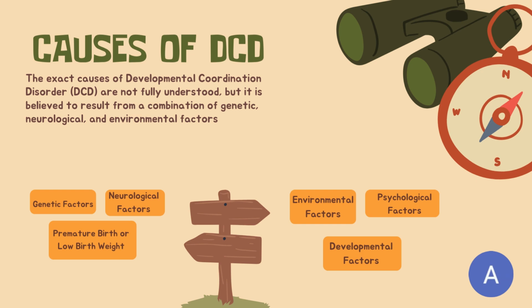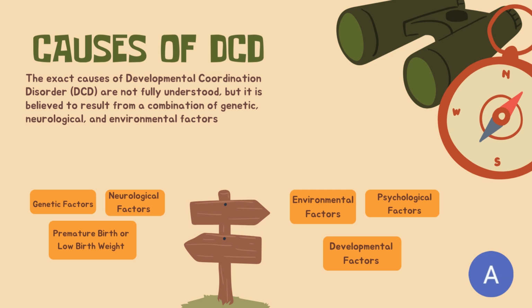Second, neurological factors. DCD is often associated with differences in brain structure or function. Brain regions responsible for motor planning, execution, and coordination may not develop or function properly in individuals with DCD. These neurological differences can lead to characteristic difficulties in motor skills.